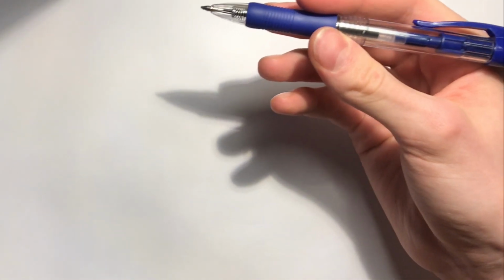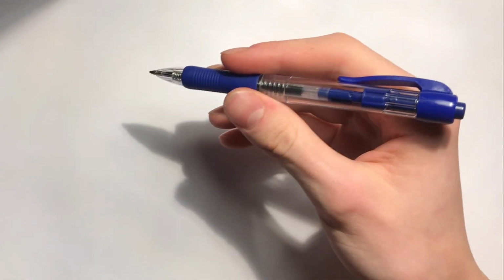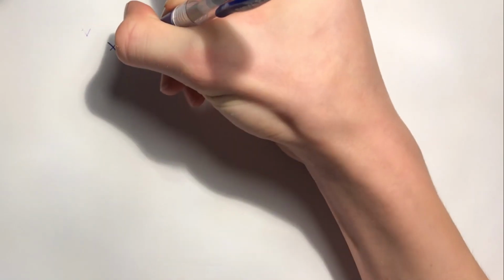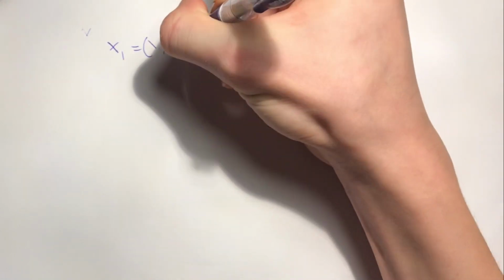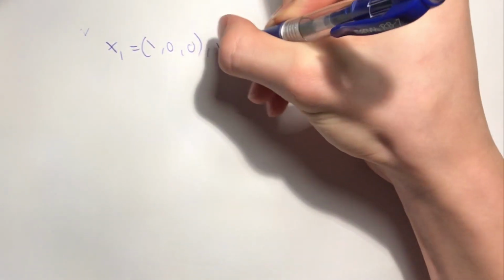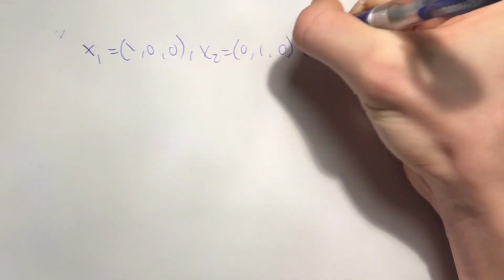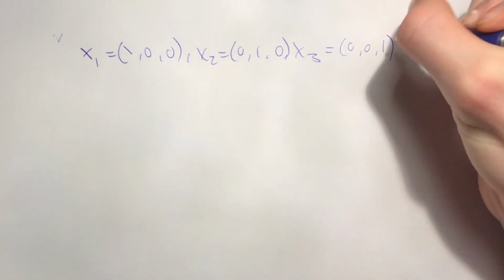So in Cartesian coordinate systems, we define the natural basis of the three-dimensional Euclidean space to be the basis triplets. That's to say, I hope you can see, x1 equals 1, 0, 0, x2 equals 0, 1, 0, and x3 equals 0, 0, 1.